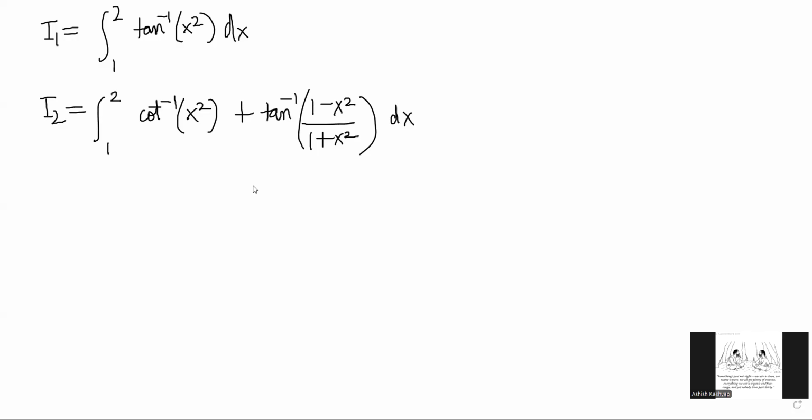Now, if you know your inverse trigonometry, you know that cot inverse x square is simply pi by 2 minus tan inverse x square. So we can directly replace this and write it in terms of tan inverse x square. The reason we want to do that is because we want to write I2 in terms of I1, or connect the two together, so they should have similar looking terms.